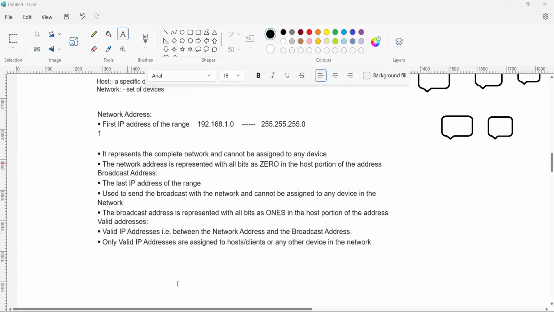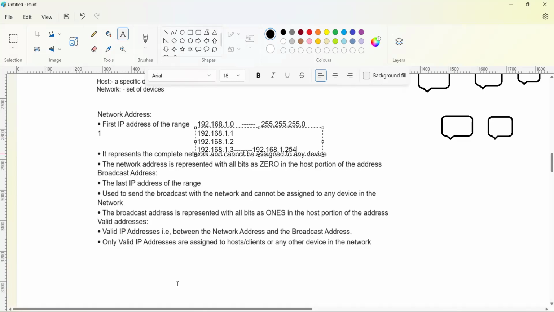So the network address range starts from 192.168.1.0. It's a network IP address, and if you take the range in between, it will be 192.168.1.1, and the next IP address is 192.168.1.2, and the next IP address will move to 192.168.1.3, and it will move up to 192.168.1.254.